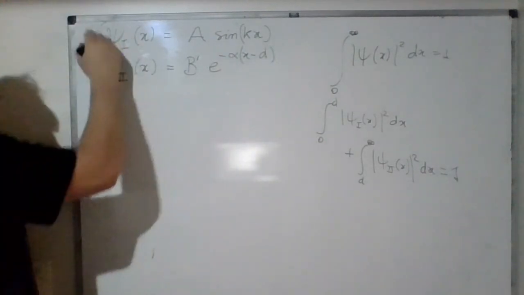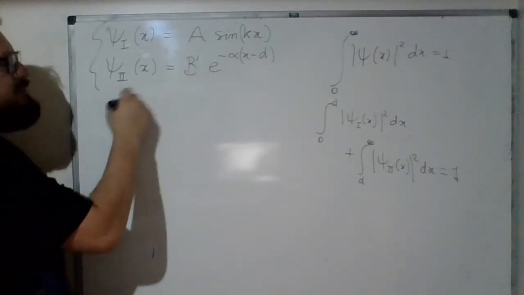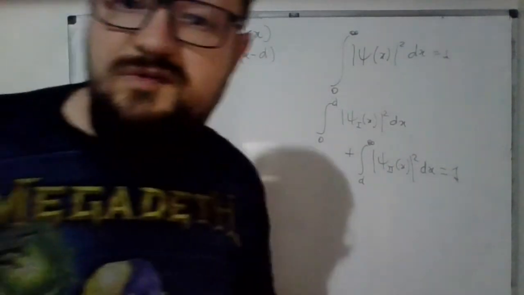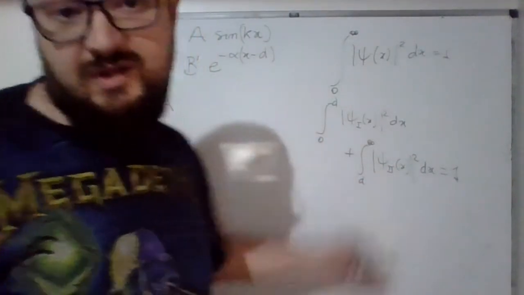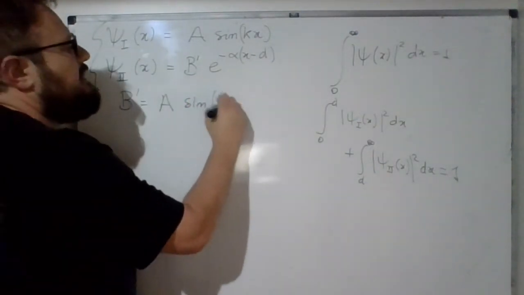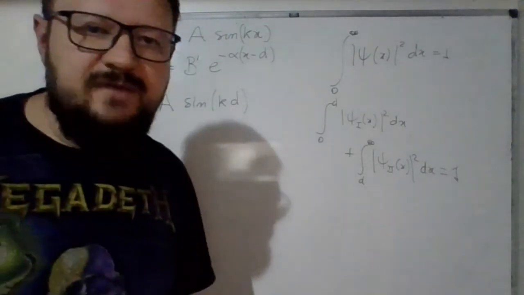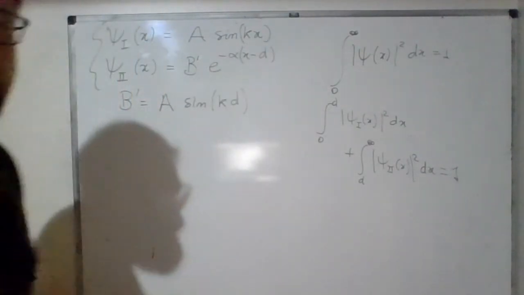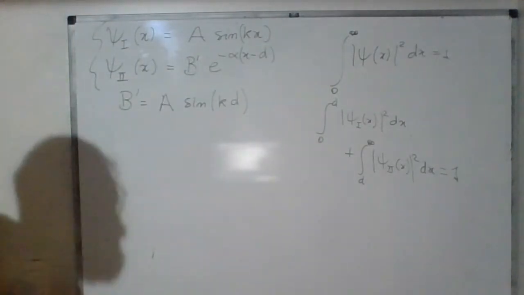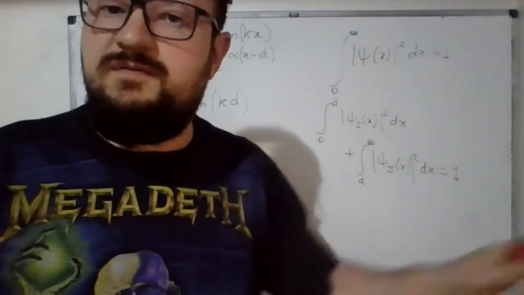These are the solutions. And you must remember that b prime is equal to a sine of k times d, so there is only one constant to be determined from this equation here. All right, this is what you need to find out. This is an exact analytical solution for your problem. But of course, the main problem is to solve that transcendental equation for the eigenvalues.